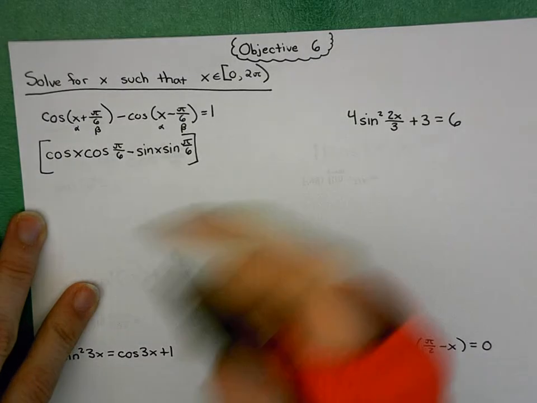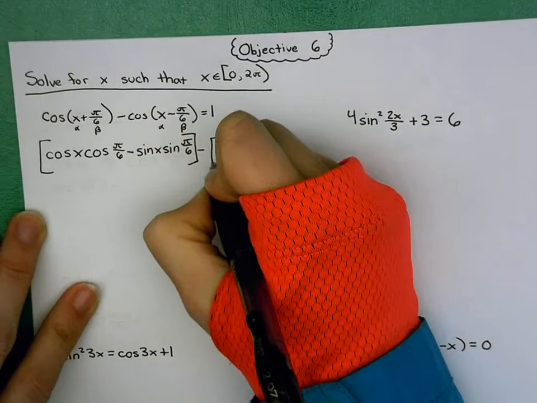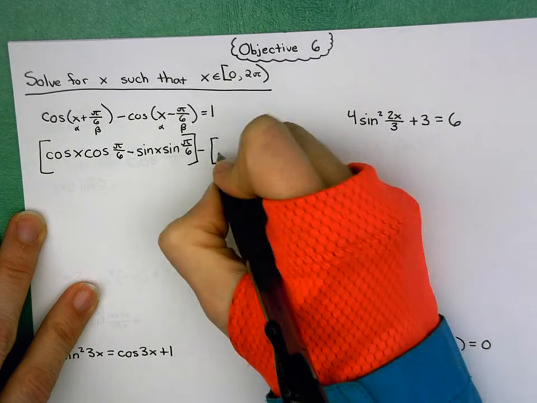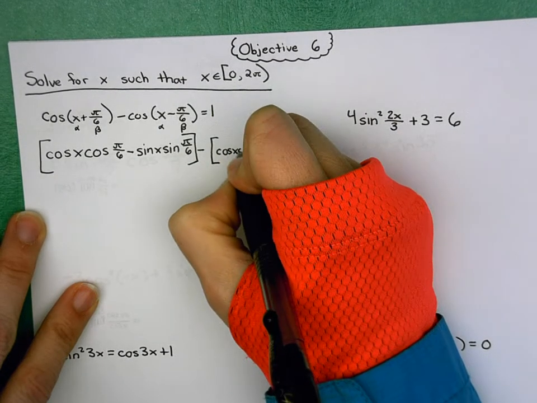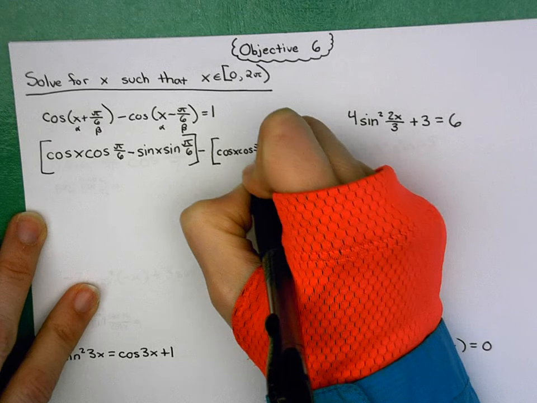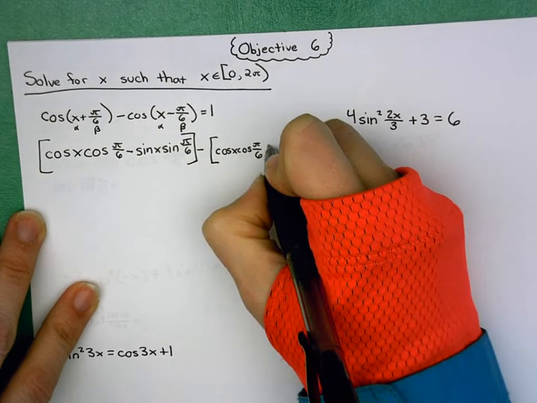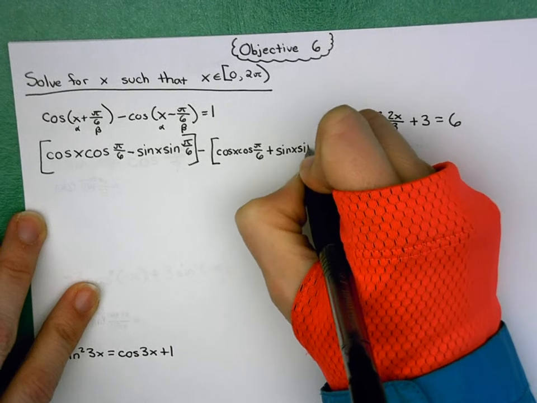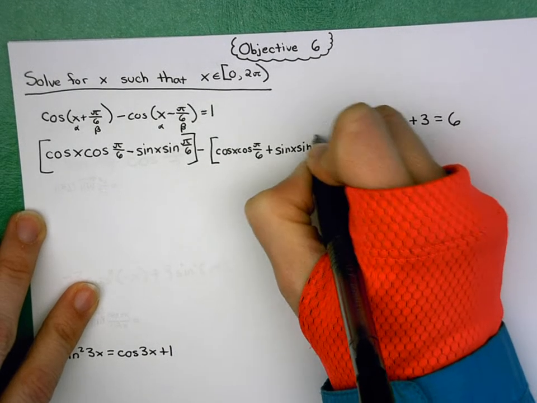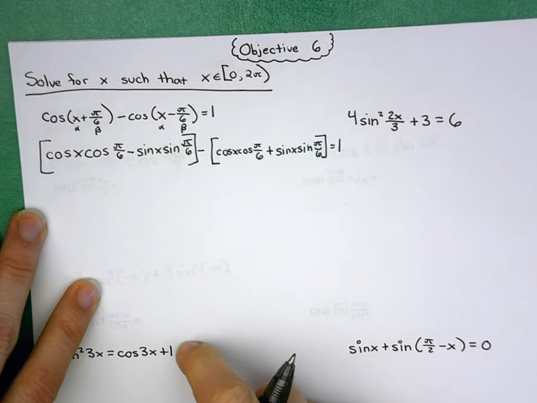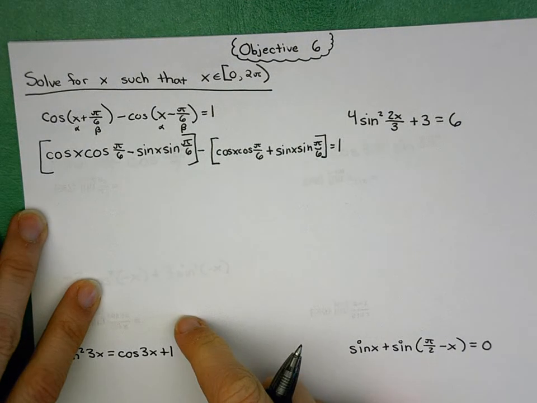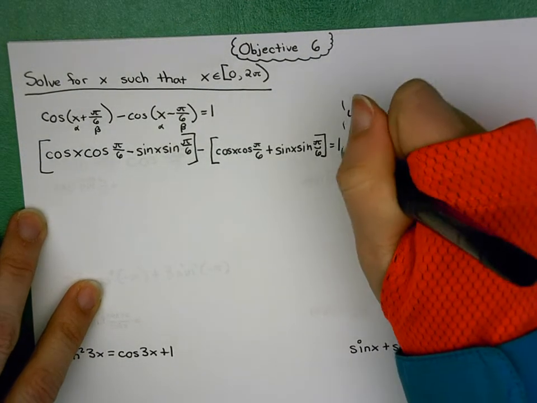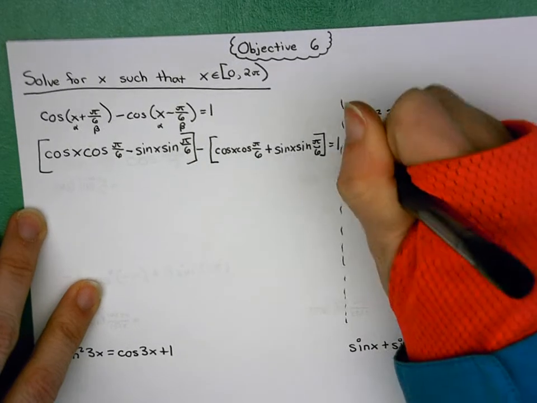And then we have minus at the back here, cosine alpha minus beta, which is cosine alpha, cosine beta. And since this is minus, it becomes plus sine alpha, sine beta. Okay.